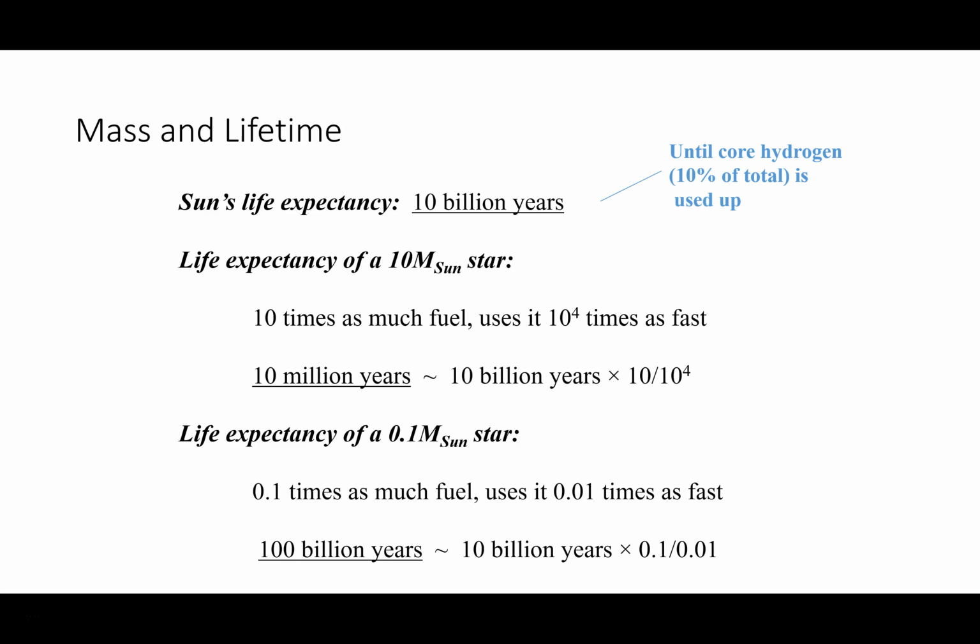Okay, what if we go the other direction and went to a lower mass star than our sun? Instead of 10 billion, it's actually going to have 100 billion. I buy this one, 100 billion years. So a star, that just is amazing, 100 billion years to be a main sequence star.